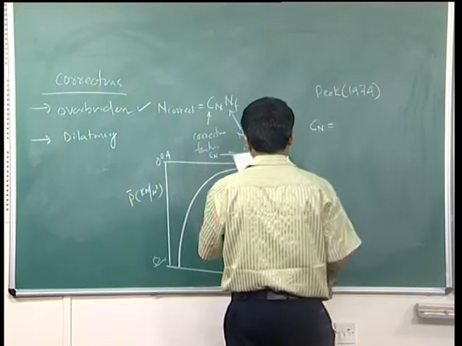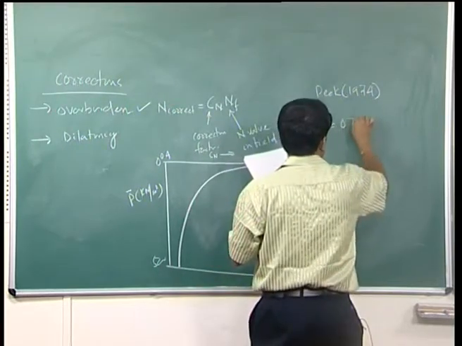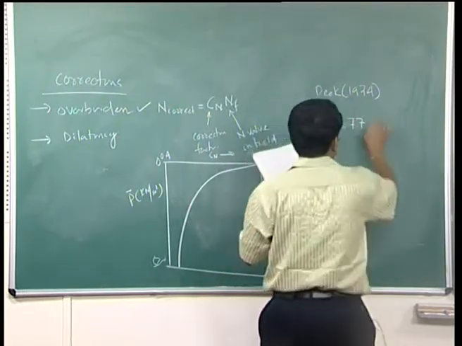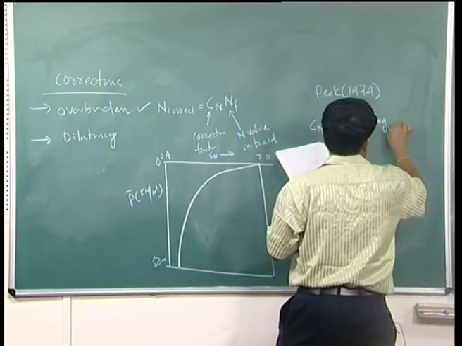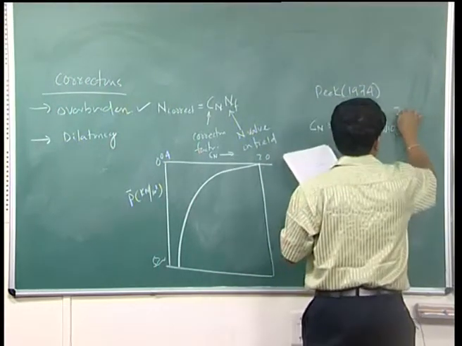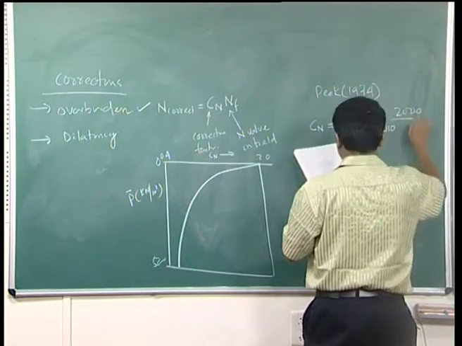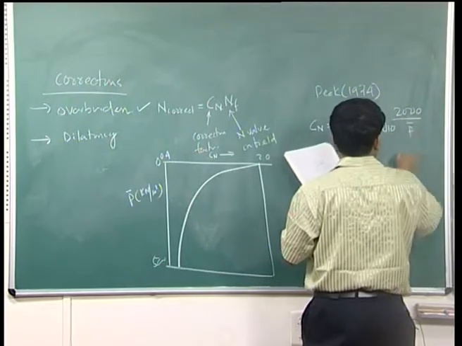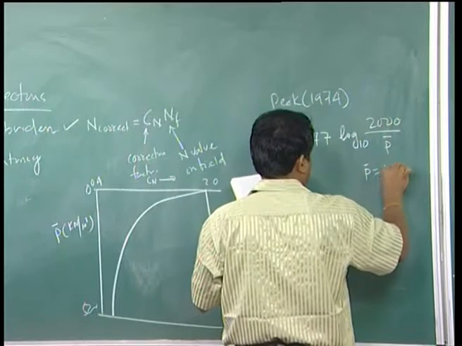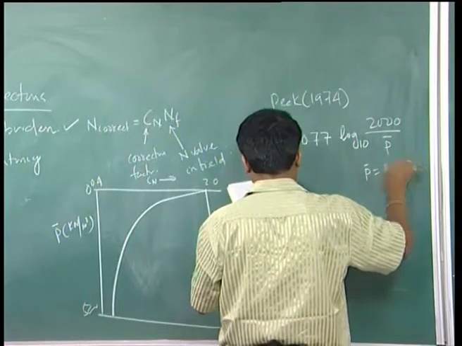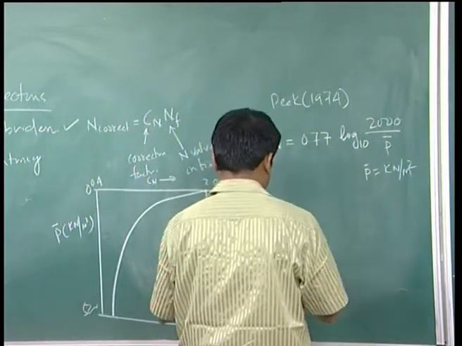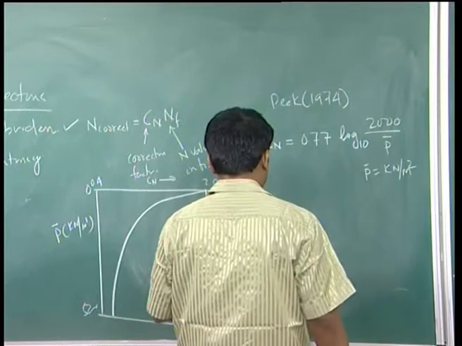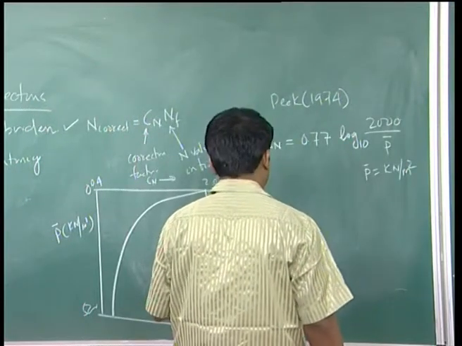Cn is equal to 0.77 log 10 of 2000 by P bar. P bar is in kilonewton per meter square. P bar is your vertical overburden pressure.